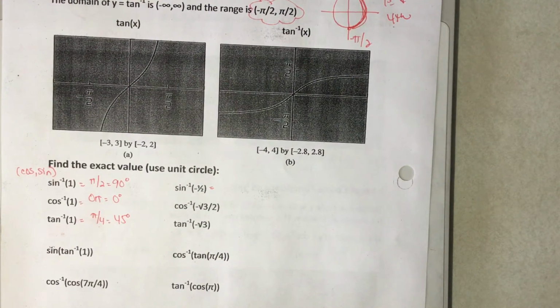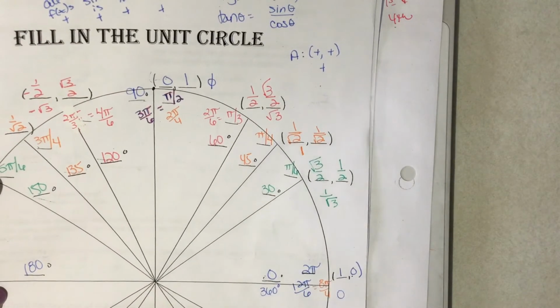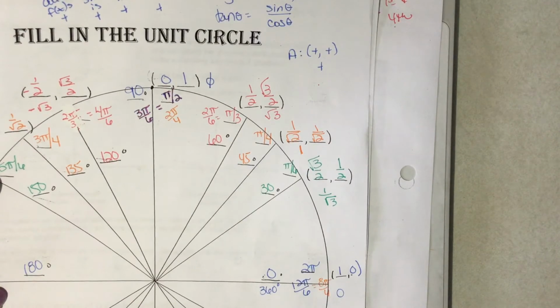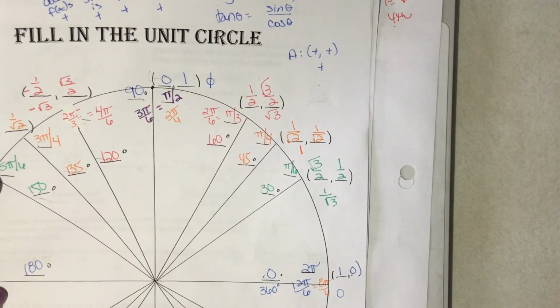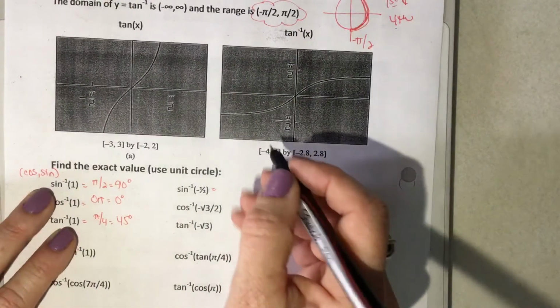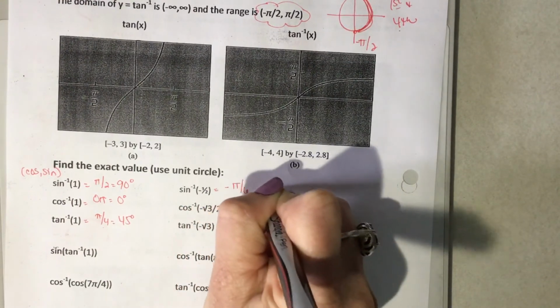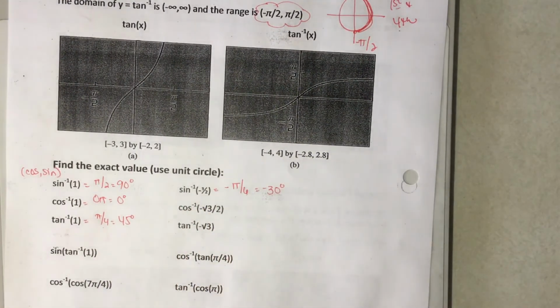But I can't do the third, so I go to the fourth. It's here at 330 or 11 pi over 6. Can't have that. So the coordinating angle to 330 is 30 degrees. So this becomes negative pi over 6, which is the same thing as negative 30 degrees.